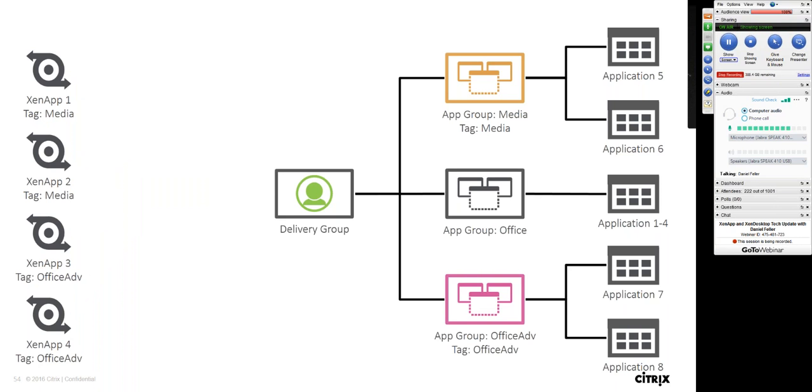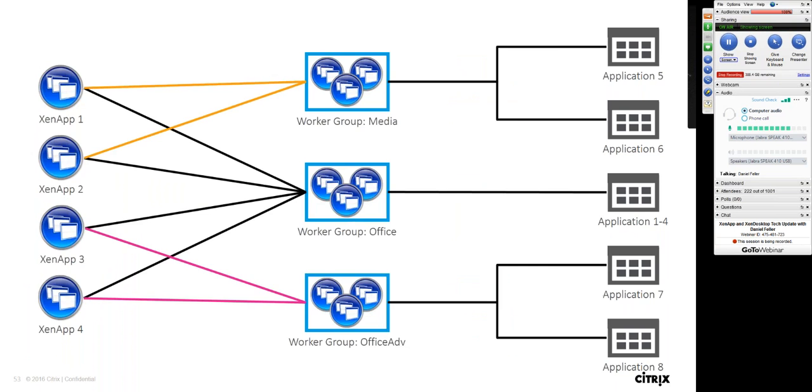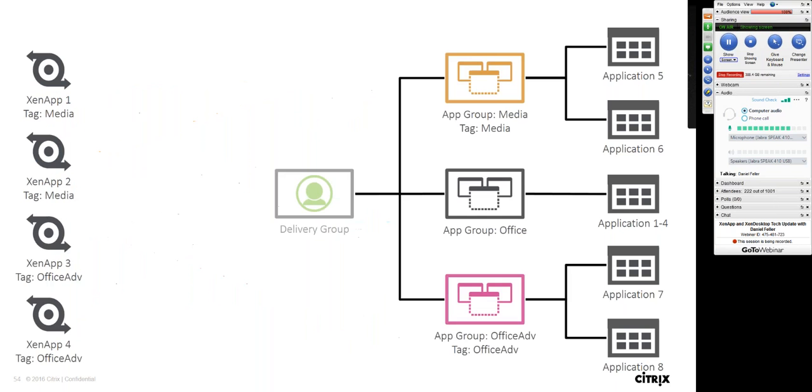I actually just put a blog out on this a week ago or so, and one of the comments I got was that in 6.5, all I had to do was add a server to an Active Directory group, and then it would belong to a XenApp worker group. You can't do that in 7.12.